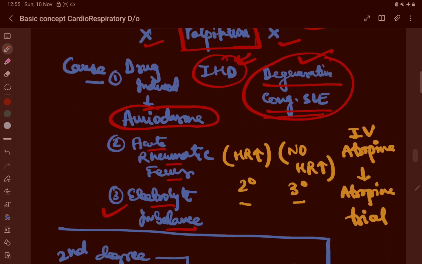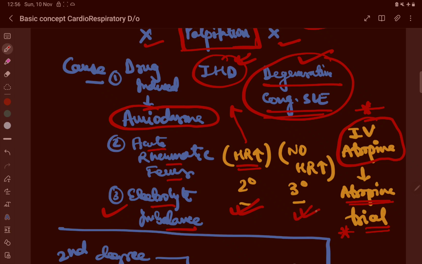Okay. Now, very important, the role of IV atropine, or the atropine trial. In the atropine trial, we give IV atropine in the heart block patients. If there is an increase in heart rate and more palpitation, it is the second degree heart block.